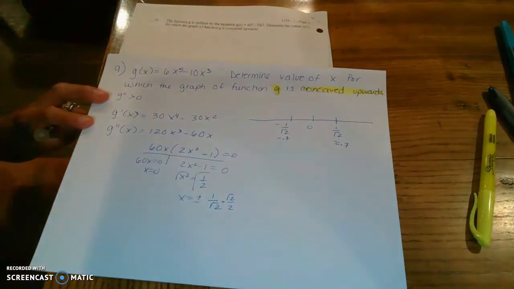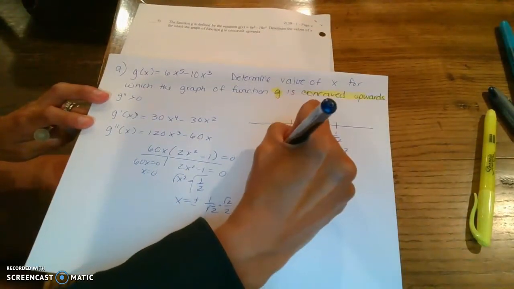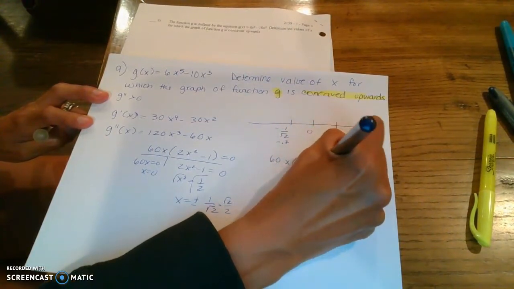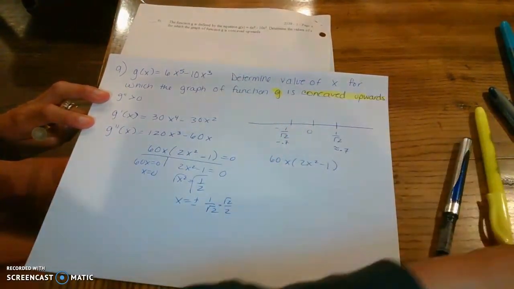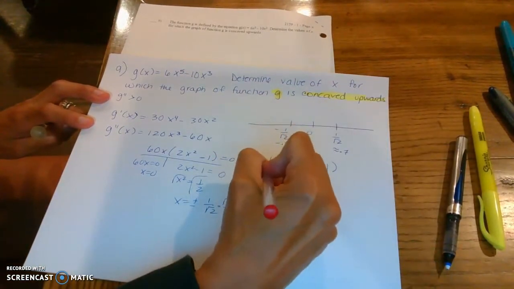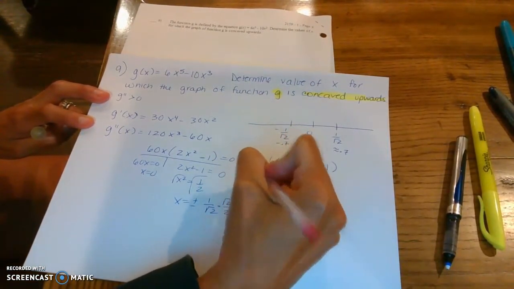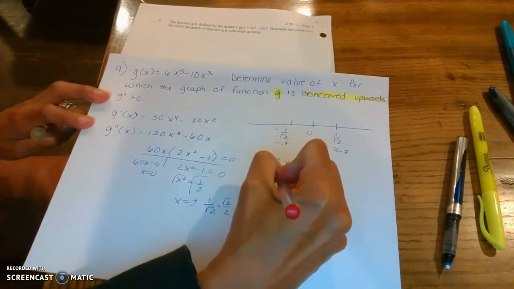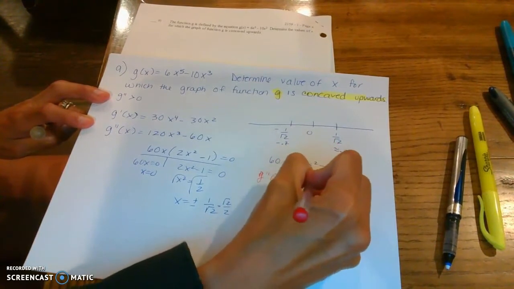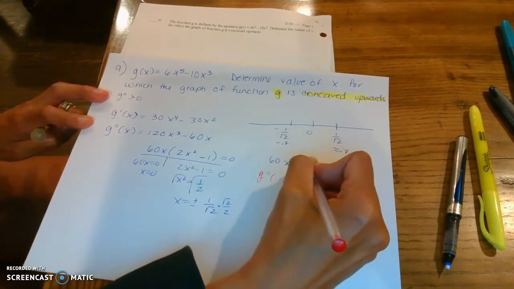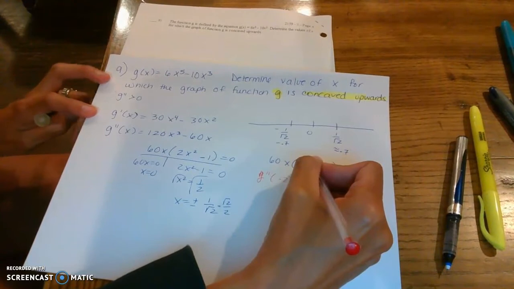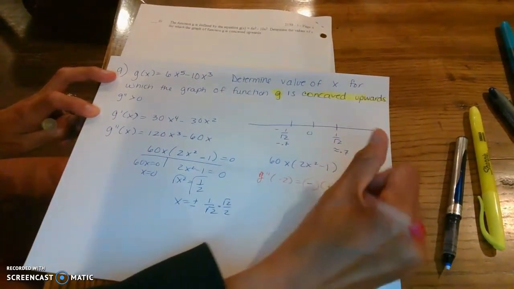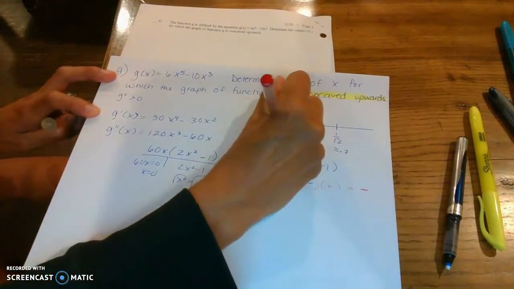So now when you go to test, I'm going to test the appropriate values into 60x times 2x squared minus 1, my second derivative. I'll call it g double prime of, I'll put -2 here. That'll be a negative, and then this -2 squared is going to be a positive times this minus 1, which is always going to be positive, so that's going to be a negative in this section.